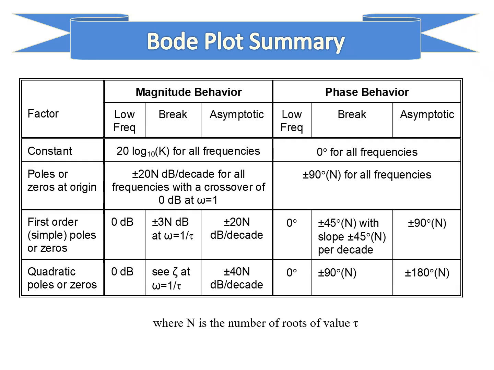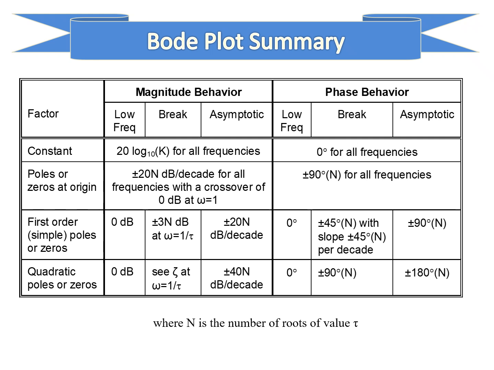First order, or simple pole or zero. It is for low frequency 0 dB. For breaks it is plus minus 3 n dB at omega equal to 1 per tau. And then asymptotic it is plus minus 20 n dB per decade.